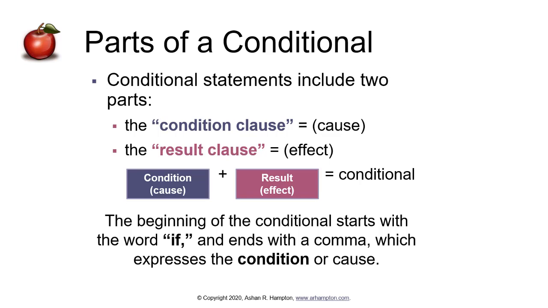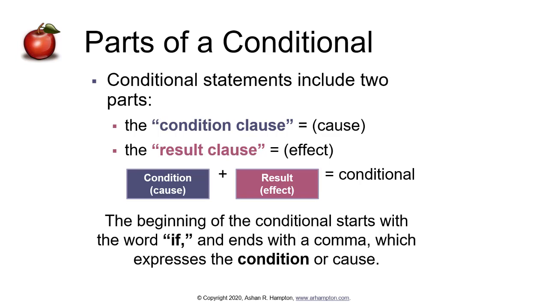Okay, so looking at the graphic there, you have the condition, which comes first. You have the result, which comes second. It's like an if-then statement, but you don't always put the word then in the result part of the conditional. You'll see what we mean when we look at some examples coming up.